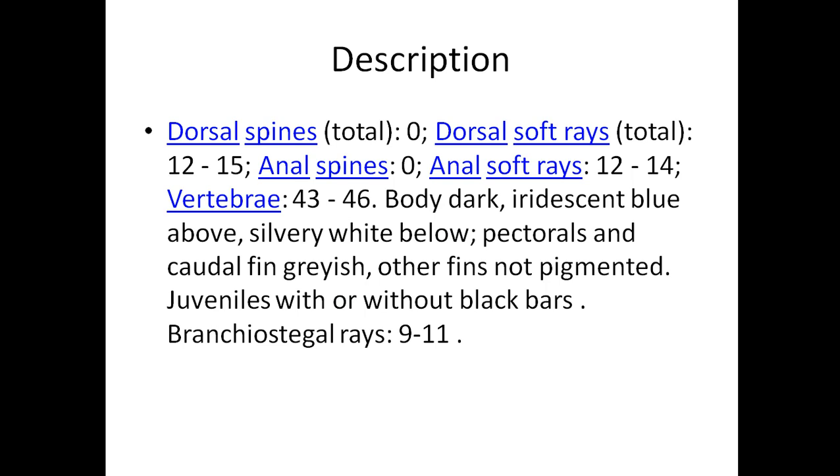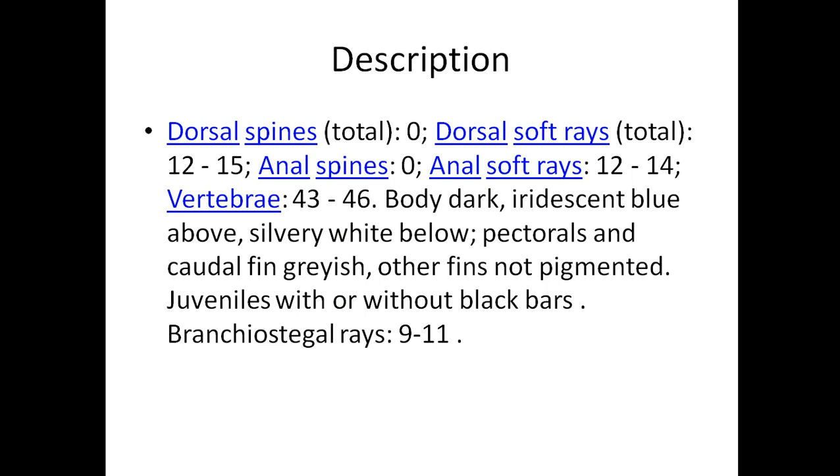There is no dorsal spine, only soft rays in the dorsal fin, which may be 12 to 15. In the anal fin also there are no spines, only soft rays, 12 to 40. In the vertebral column there are 43 to 46 vertebrae.